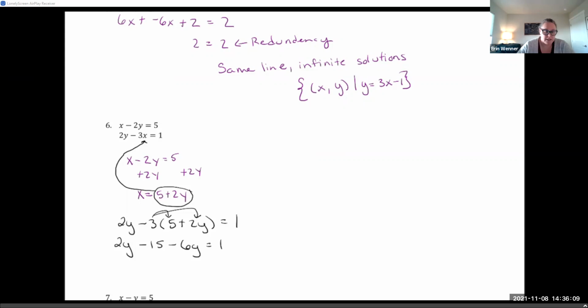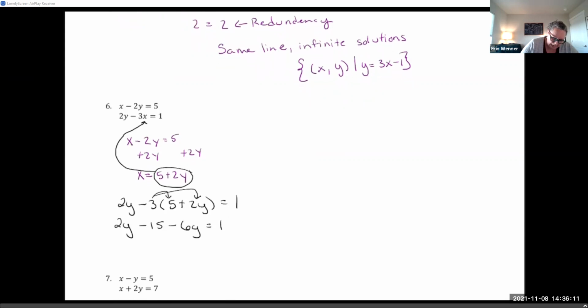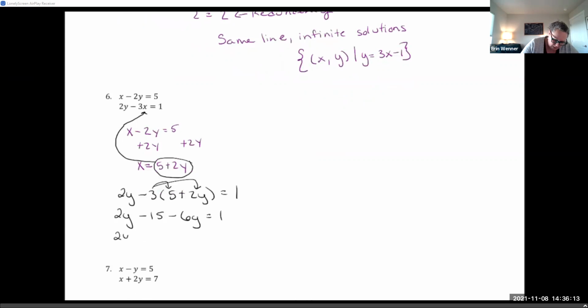So now let's combine our like terms. If you need to gather them together first, meaning rewrite the equation so those variables are together, that's fine. 2y minus 6y is -4y. We're now going to add 15.